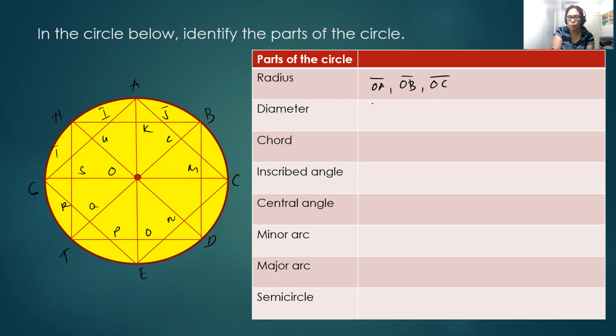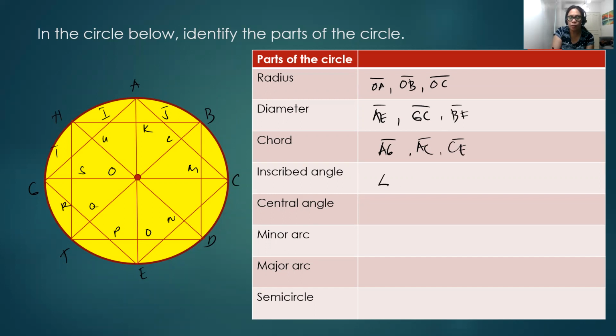The endpoints of a radius are the center and any point on the circle. For diameter, which passes through the center with endpoints on the circle, we have line segment AE, GC, and BF. For chord, we have line segment AG, AC, and CE.